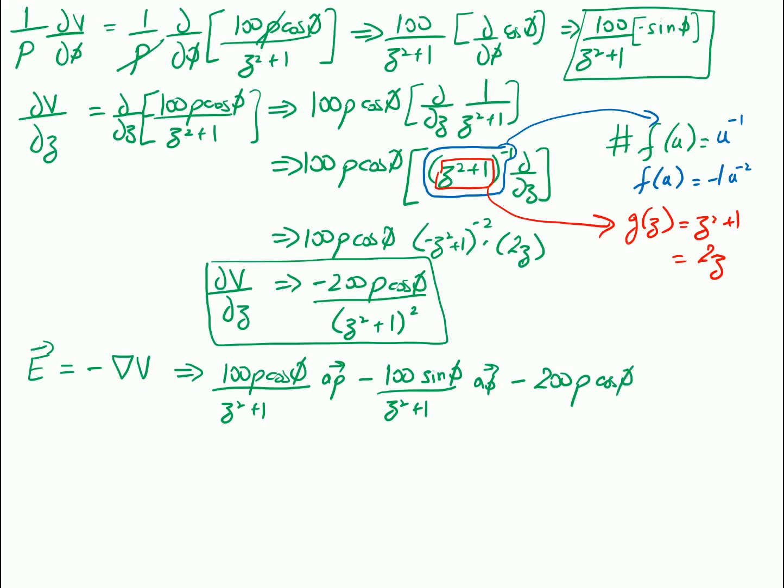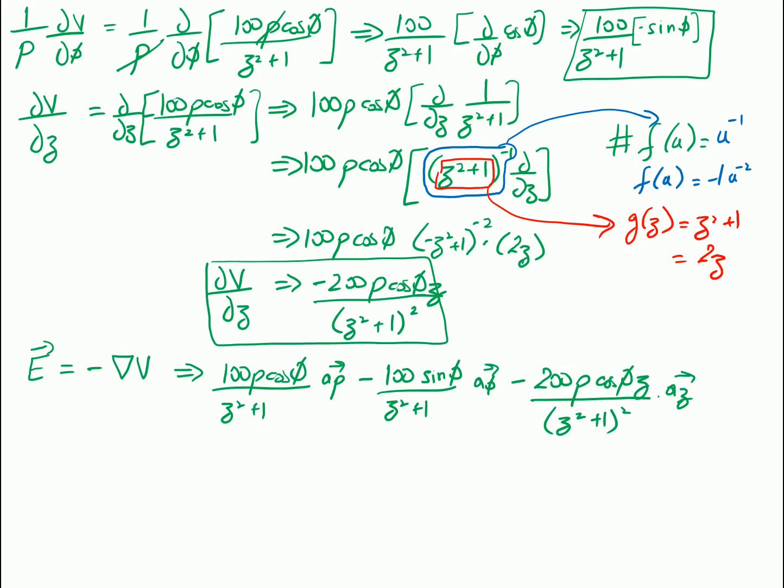I think I missed over, this is 2z, so this is z as well, sorry about that. So this is z divided by (z square plus 1) whole square along a of z. So this is the voltage that we figured out, or the partial derivative we have figured out.